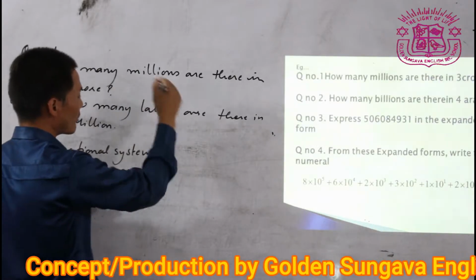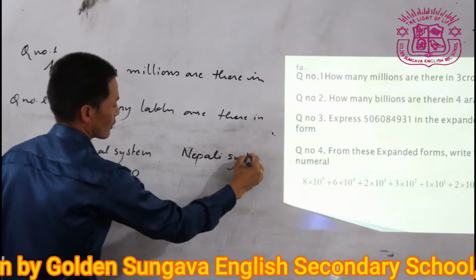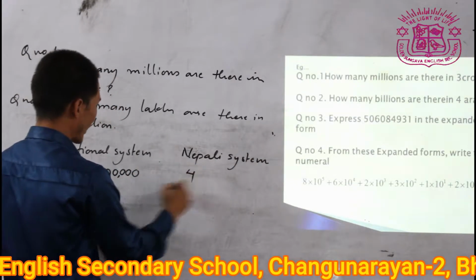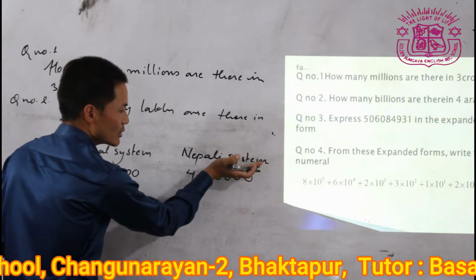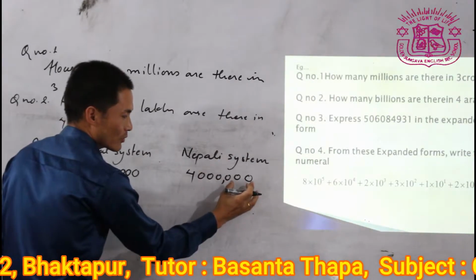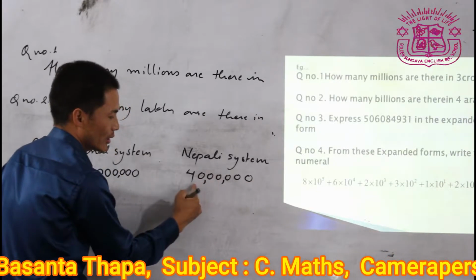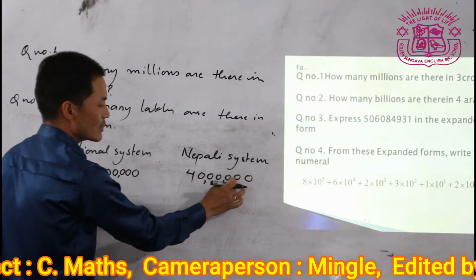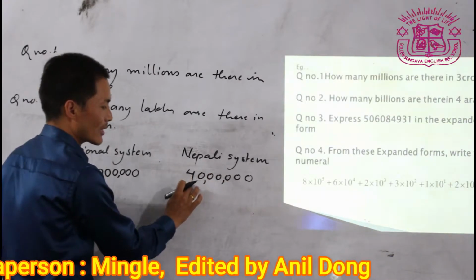And in Nepali system, okay, copy down the same number here. 4 and 6 zeros, right? 1, 2, 3, 4, 5, 6. In Nepali system, we separate the number by comma just after 3 digits we put comma, and then after 2 digits, and then 40, right? Now count the number in Nepali system. Ones, tens, 100, 1000, 10,000, lakhs, 10 lakhs. How much lakhs?